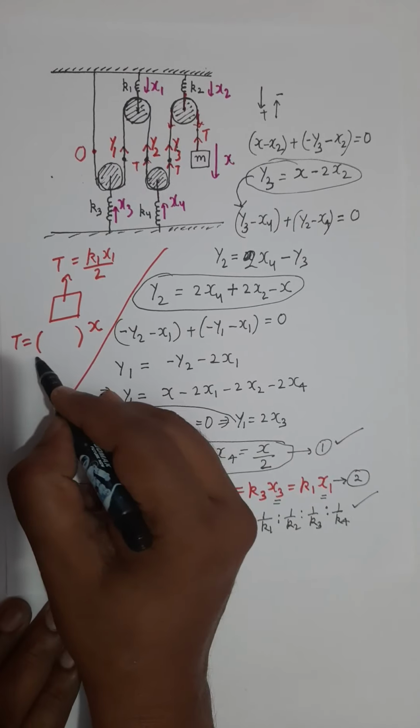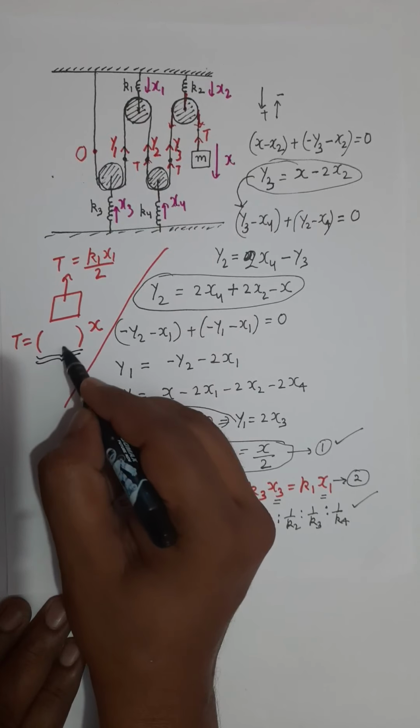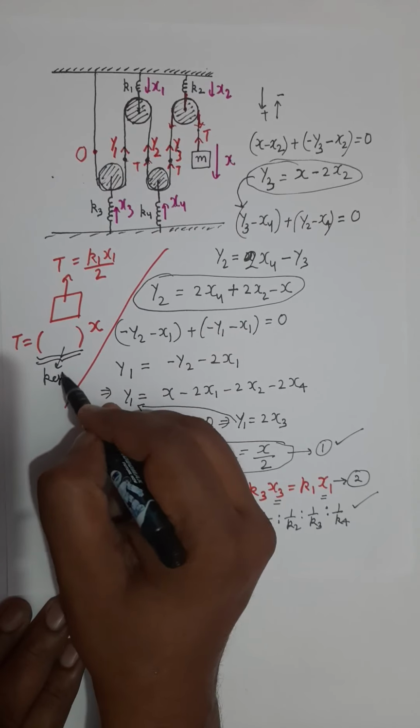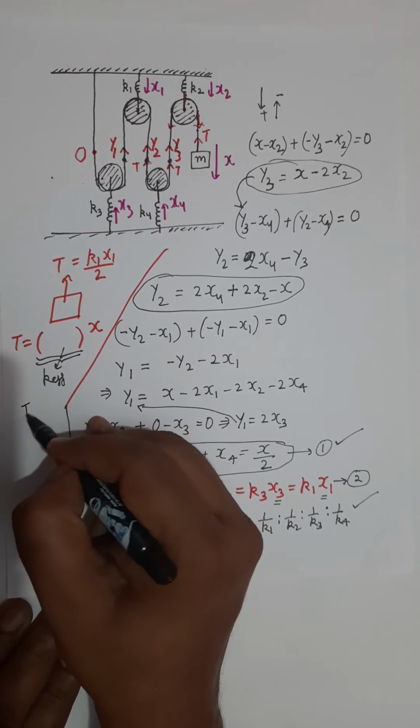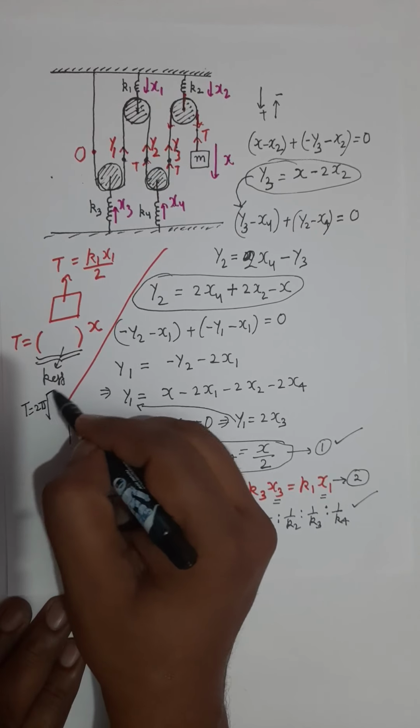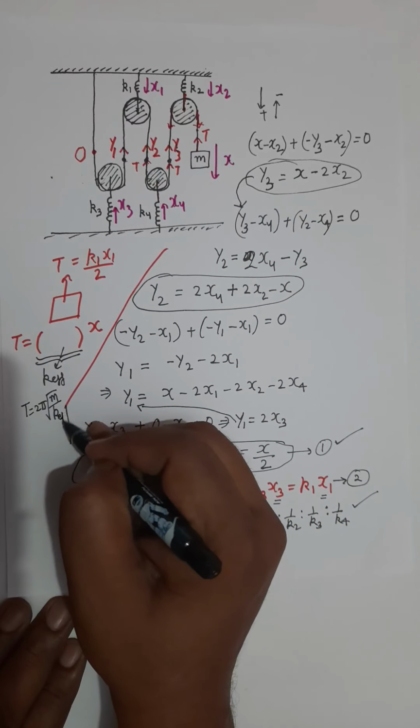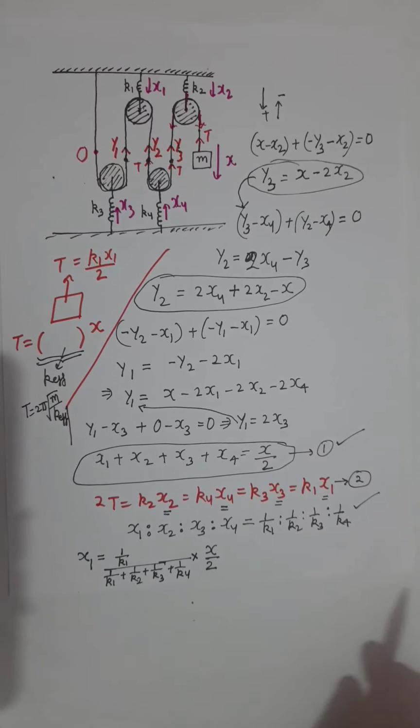In that relation, the constant appearing in this expression will be your k effective, and you can use that k effective for the time period formula, which is 2 pi root of m by k effective. So this is the way by which you can find the time periods of oscillating bodies which are connected to multiple pulleys, multiple springs, in an easy way.